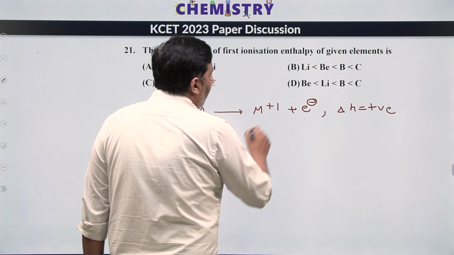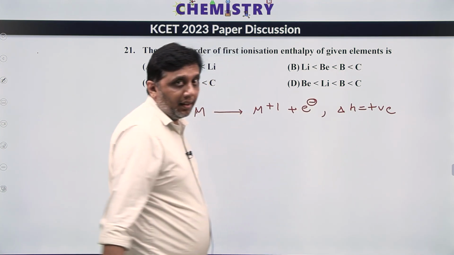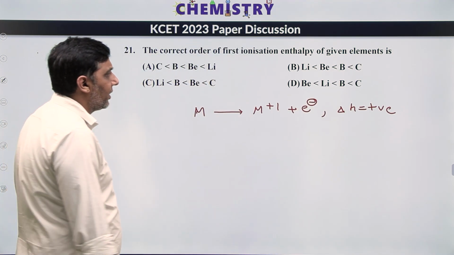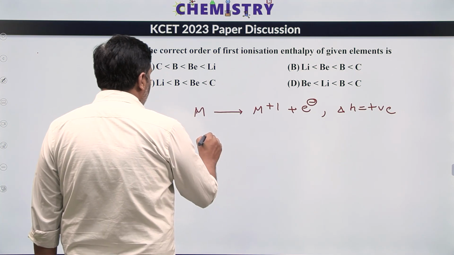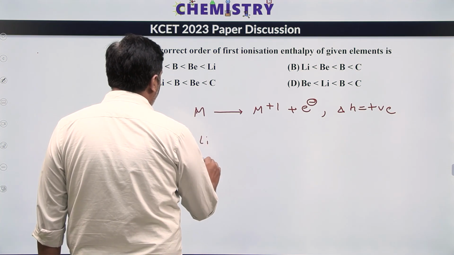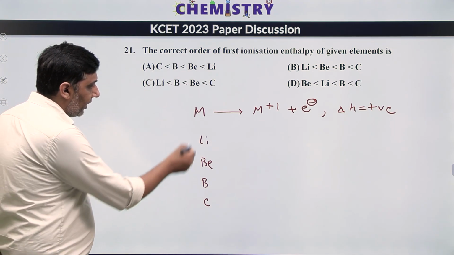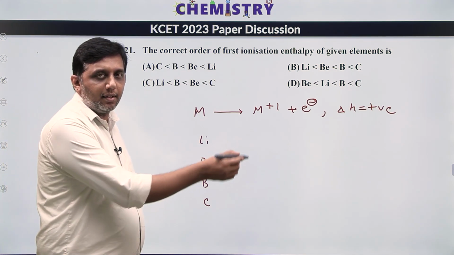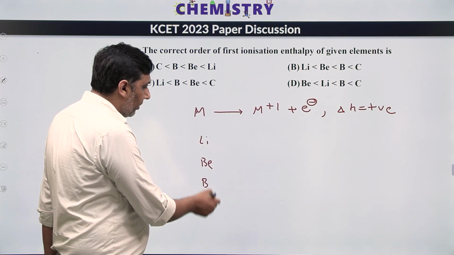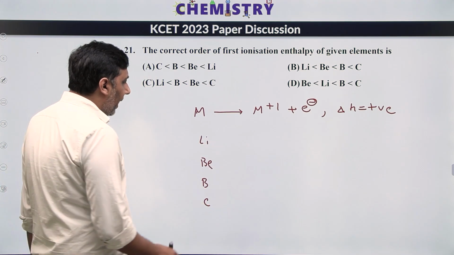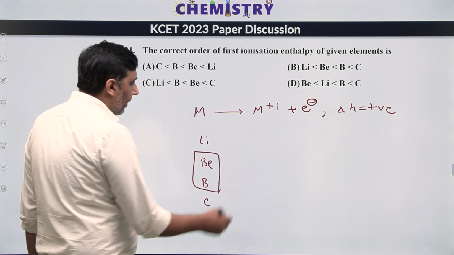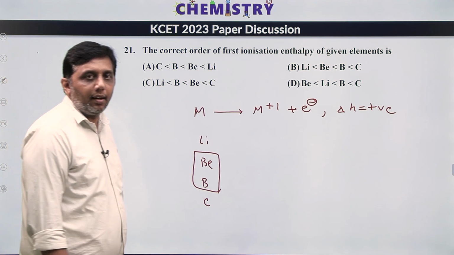Now it depends mostly on the electronic configuration of the given elements. First of all, see what the given elements are: first lithium, next beryllium, next boron, and carbon. These elements are present across a period, right? From lithium to carbon they are in a period, but we have an anomaly between beryllium and boron. What is that anomaly?